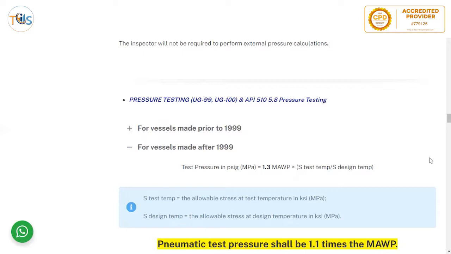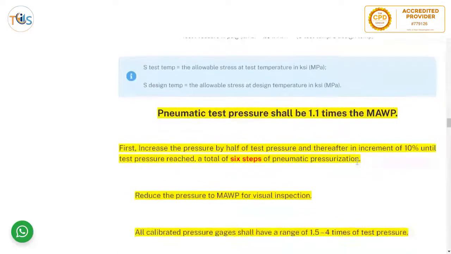So you divide to simulate the actual design or working situation for the test pressure. If it's working at ambient temperature, then that's fine. The ratio would be 1 here.